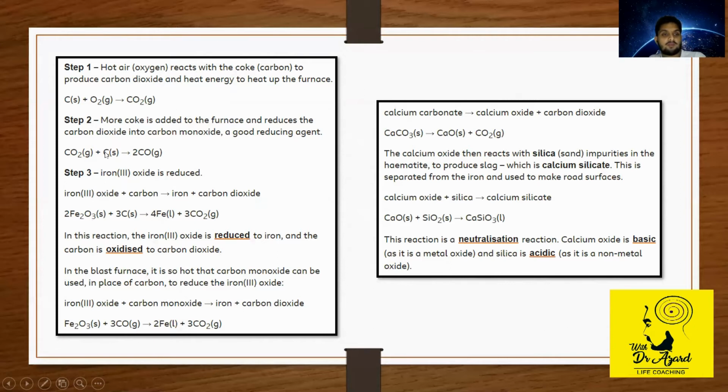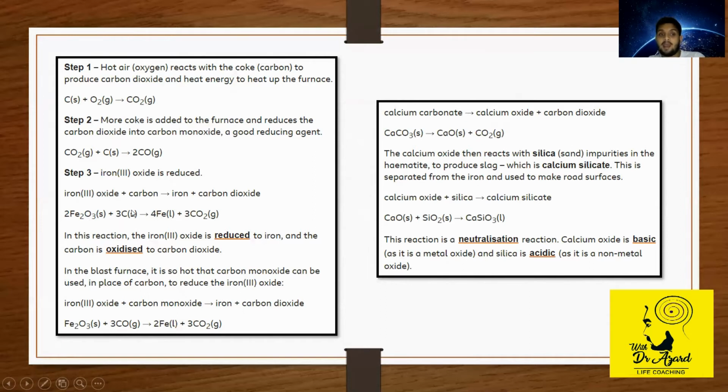Now we have obtained these two; we discussed these two reactions. We'll go to the third reaction, where we see the iron oxide or the hematite or the iron ore is reacted with carbon or the coke to form iron and carbon dioxide. So what has happened in that reaction? Let's see. Because we have the symbolic reaction also. We can see that the iron oxide is being reduced to iron.